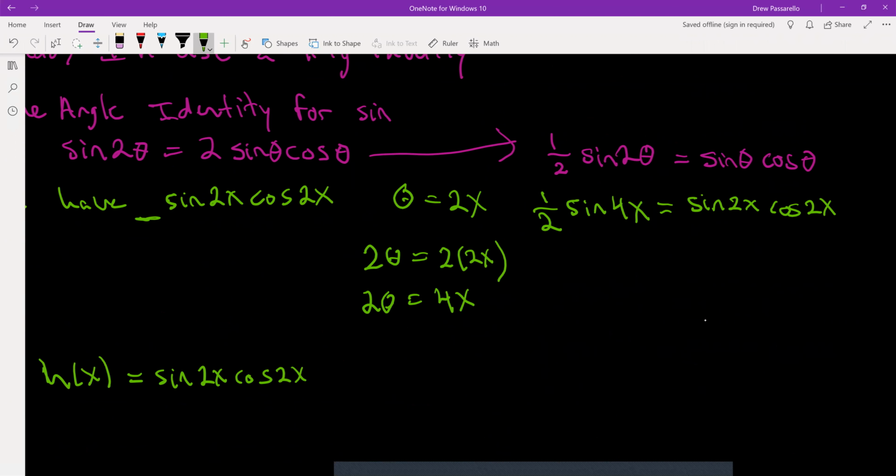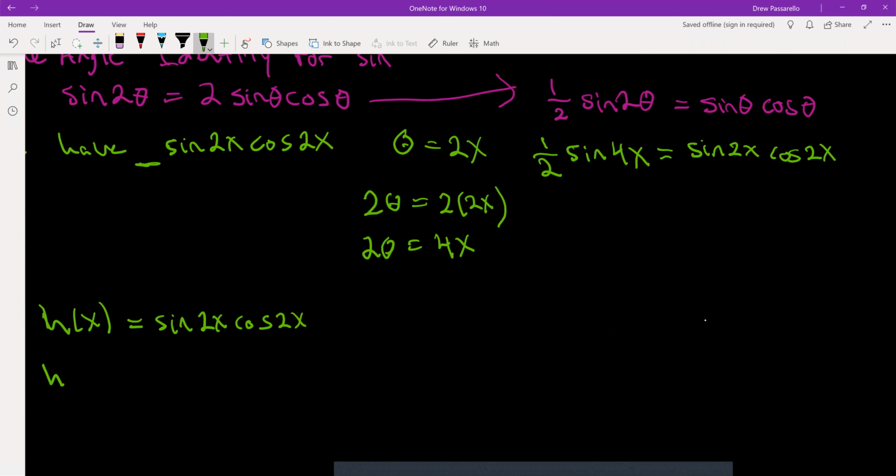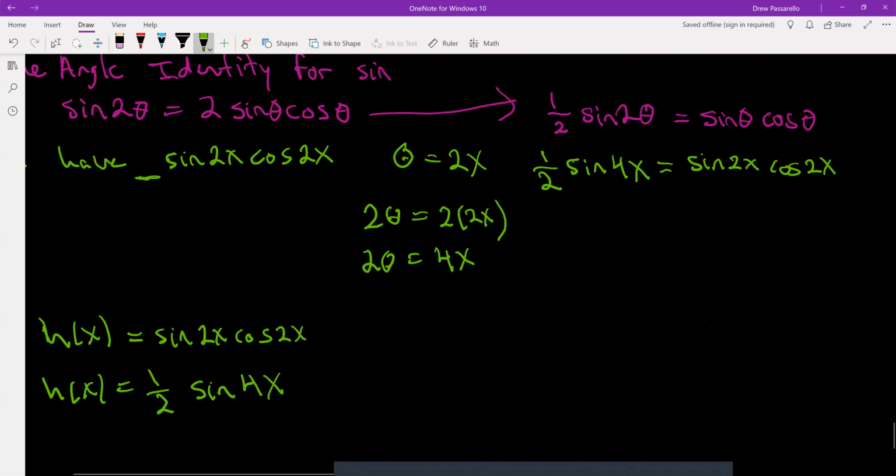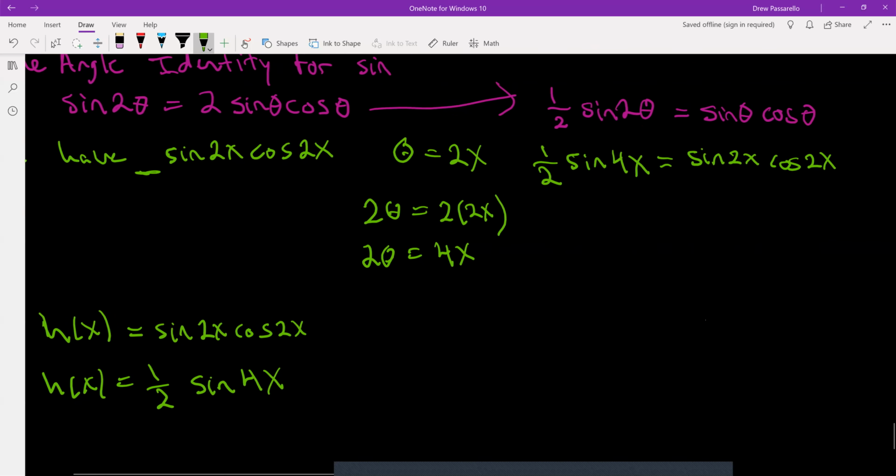Now I'm going to rewrite it. So h of x is now equal to 1/2 sine of 4x. Now it's easier to find this derivative. It avoids having to use the product rule.